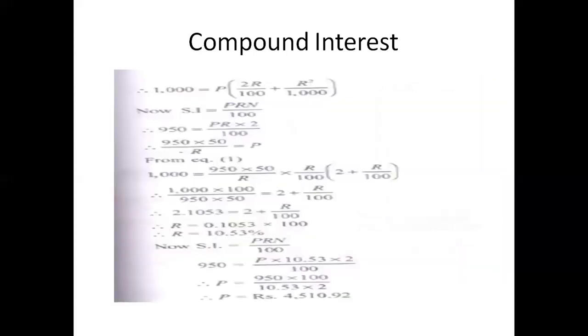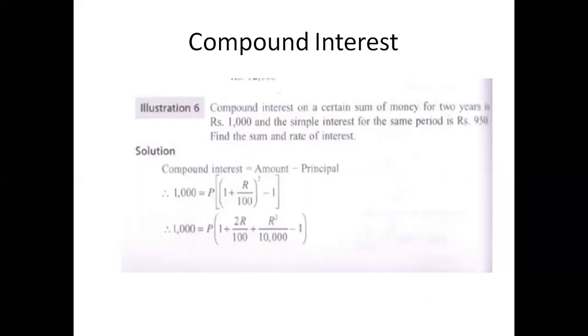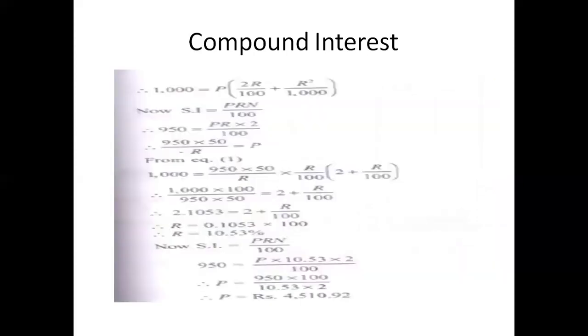Now we have therefore 1,000 is equal to P into twice R by 100 plus R square by 10,000. That is just simply the formula, because plus 1 and minus 1 both cancel out.